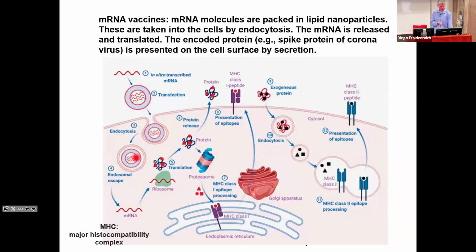The liposome will be dissolved, the mRNA will be released and then translated, and then portions of the viral proteins will be exposed on the cell surface of immune cells, for example. The first part would be endocytosis, taking up the liposomes or lipid particles filled with the mRNA.